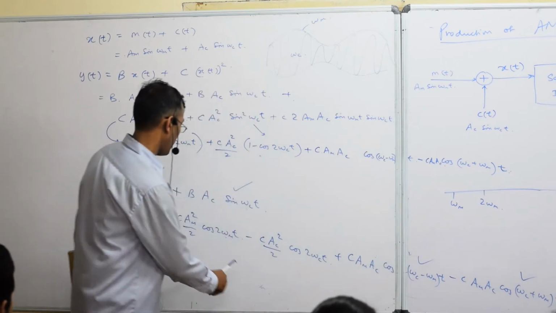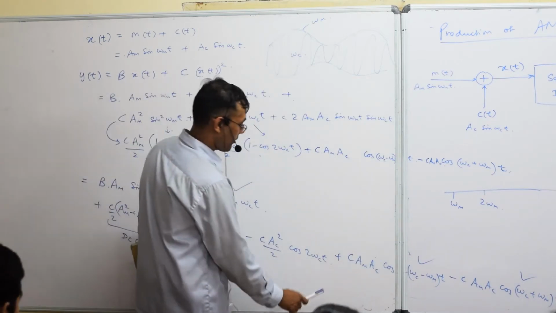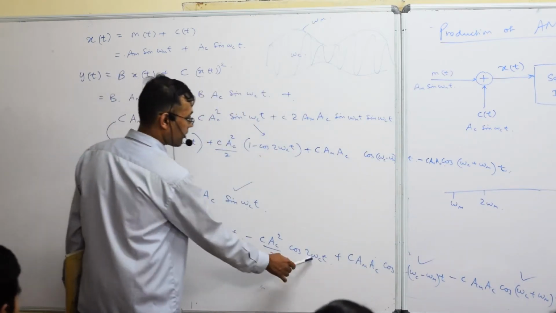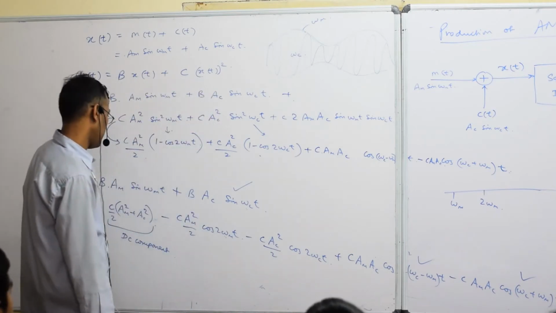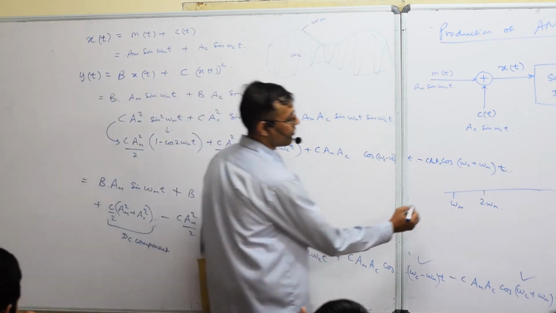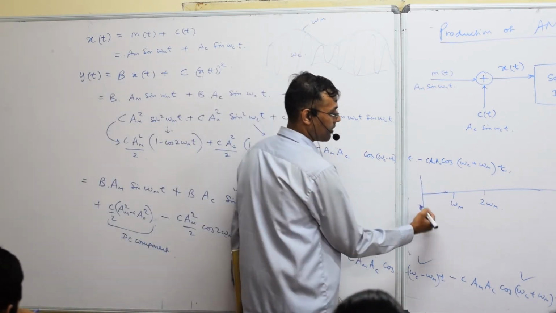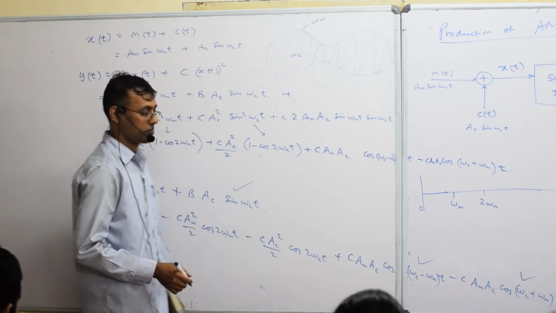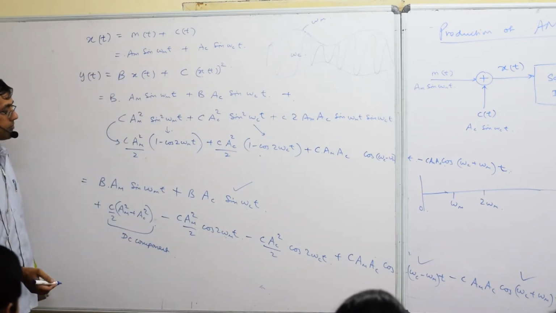So I included this. That's all, right? Then the DC component. Where should I show that? It is at 0, because there is no frequency.